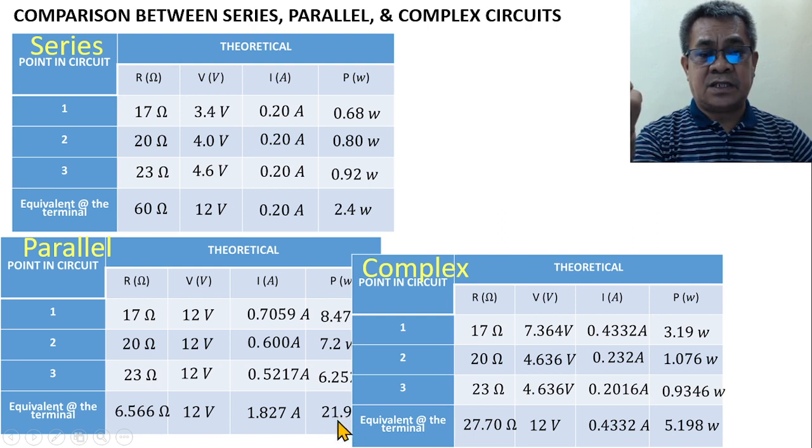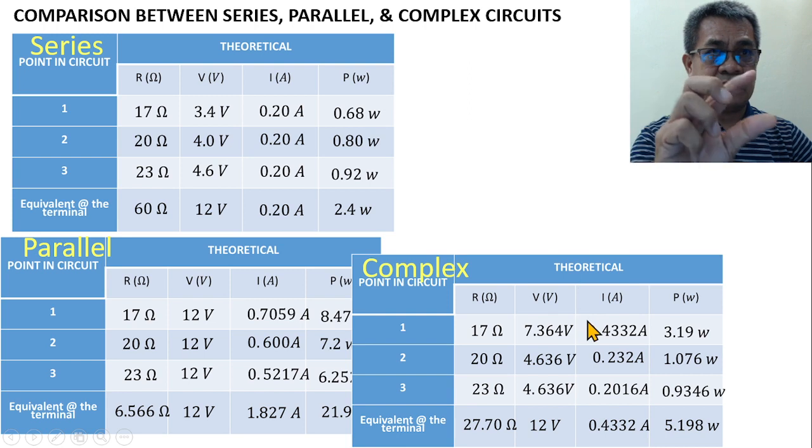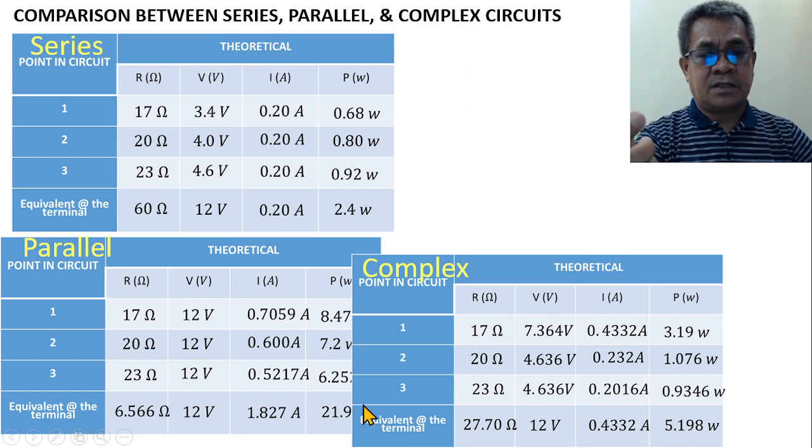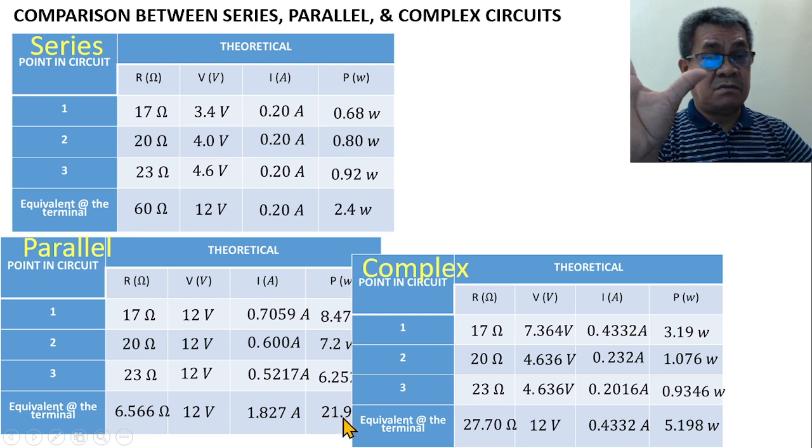This is much greater compared to 2.4, of course. And this is 5 point something in complex, because we connect a parallel, then one in series. But take note of the parallel, 21.9. So the parallel consumes a lot of power.